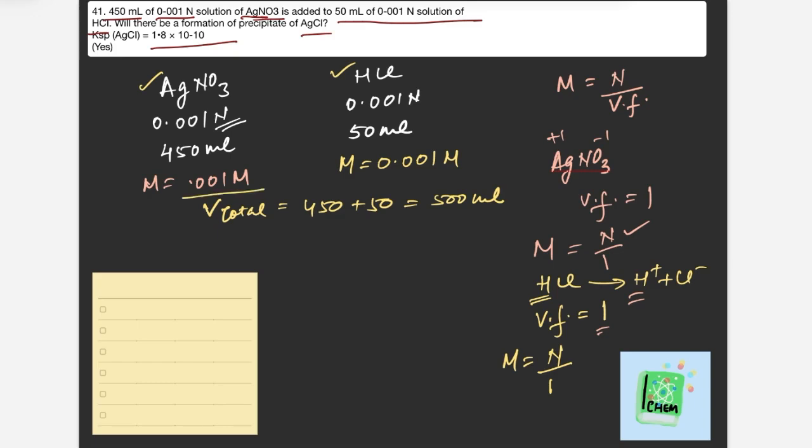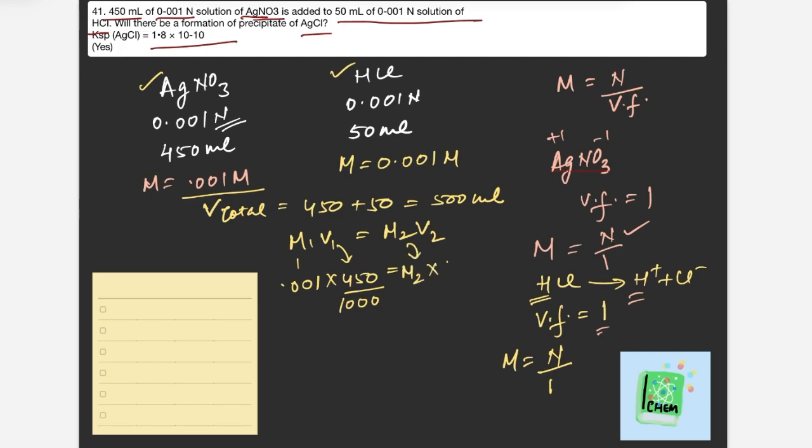Now molarity of AgNO3 solution is given as 0.001 M. Now you have to find the new molarity of AgNO3 when the volume of solution is 500 milliliter. So M1V1 is equal to M2V2. M1 is 0.001. Volume V1 is 450 milliliter. Convert this into liters by dividing by 1000, is equal to M2, which you have to find out, into V2.